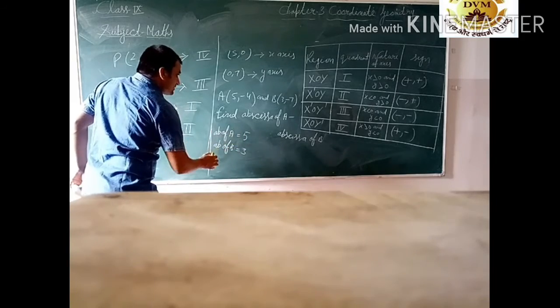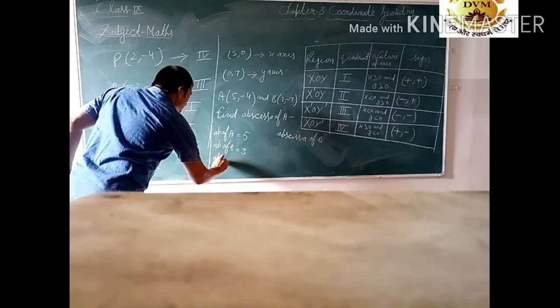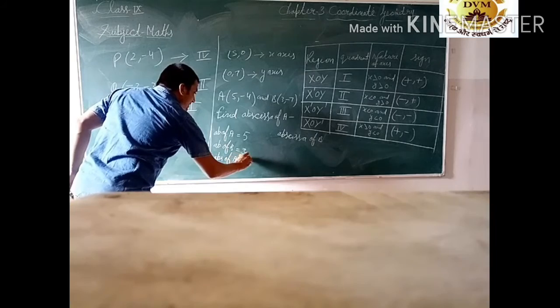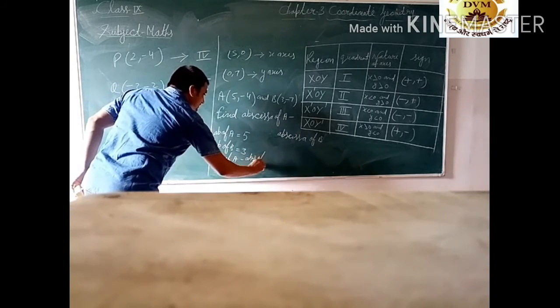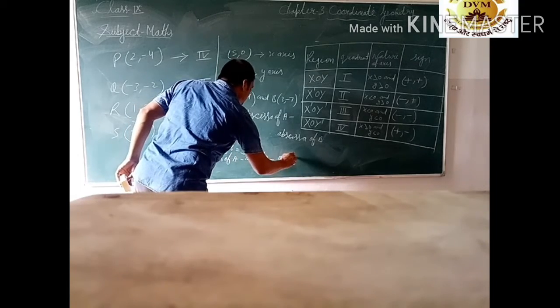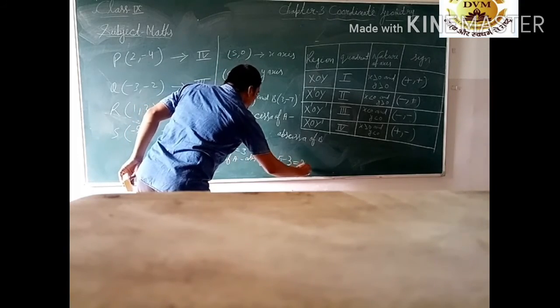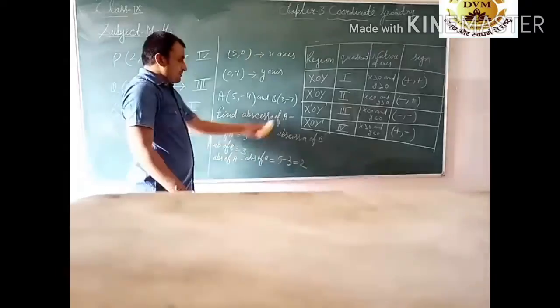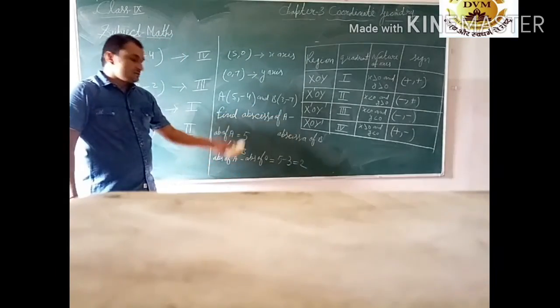So abscissa of A minus abscissa of B is equal to 5 minus 3, which is 2.